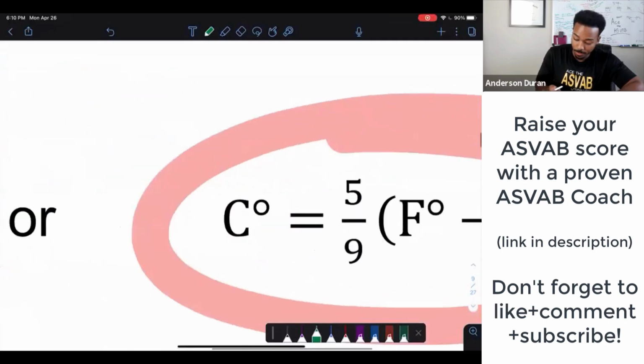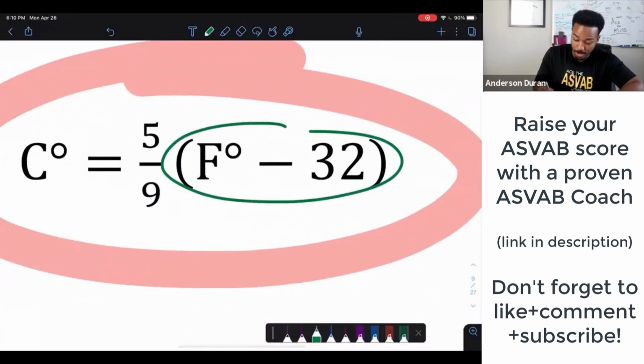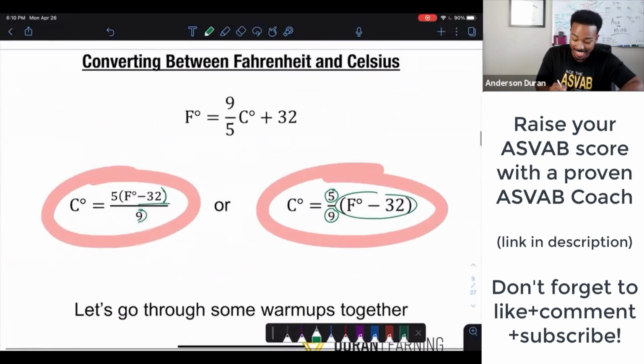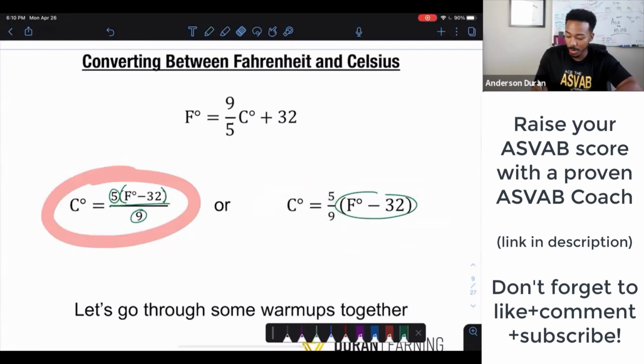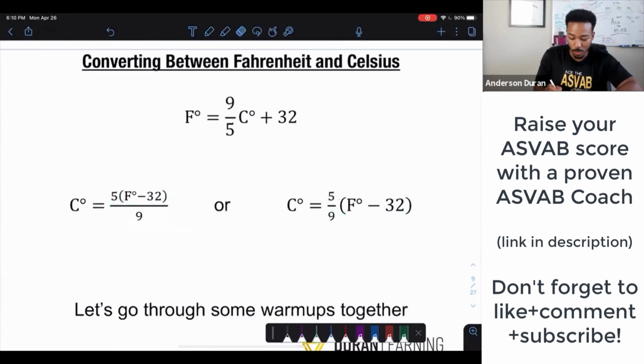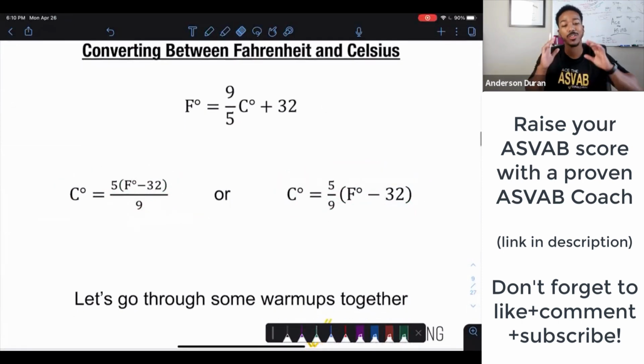Over here, you have this whole thing, right? You can multiply by 5 and then divide by 9. It is the exact same thing. These are the exact same formulas. I just want to point that out. It just depends on which way you want to look at it. But again, they are the exact same thing. All right. Just want to make sure that's very clear. That way no one here is like, which one do I use? Either one. They're both the exact same thing.